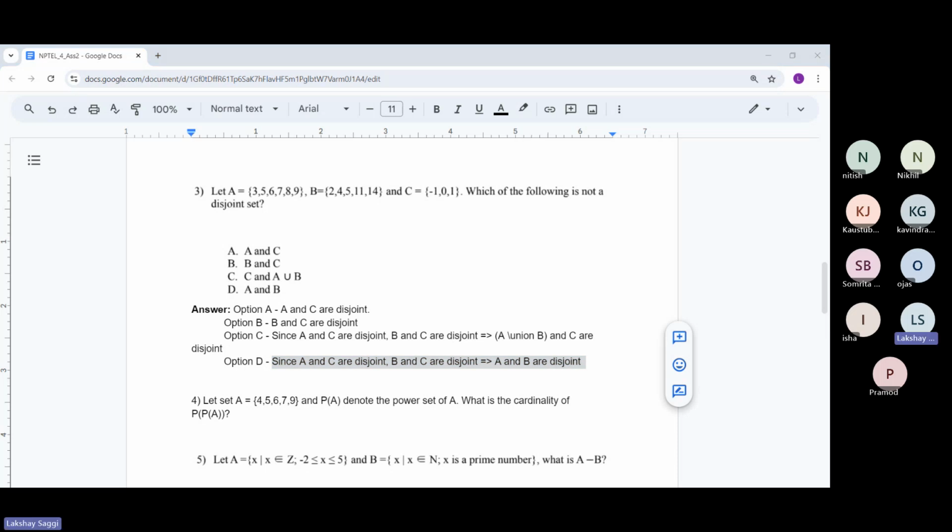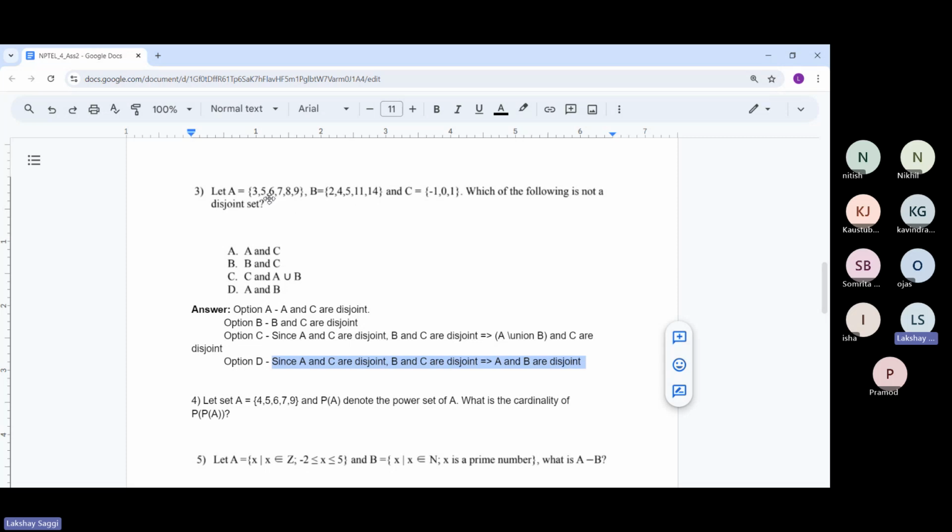Yes, just saying no. Obviously it is not true. I just wanted to point out that this sort of transitivity property does not hold for disjointness of sets. You can easily see here that A and C are disjoint, B and C are disjoint, but if you look at the sets A and B, they have a common element.